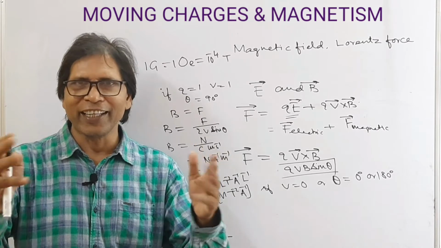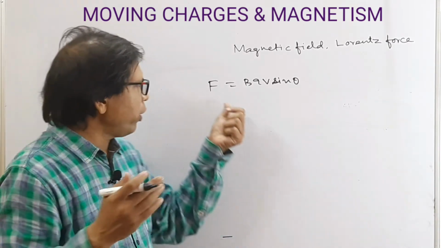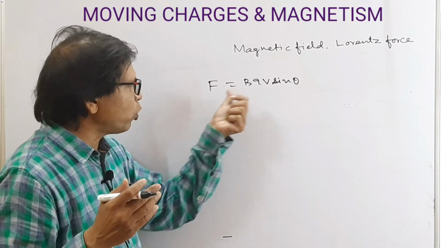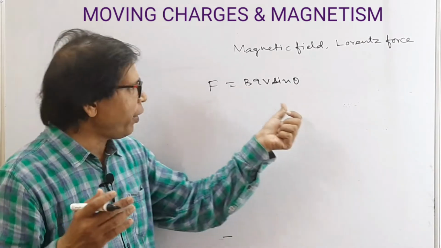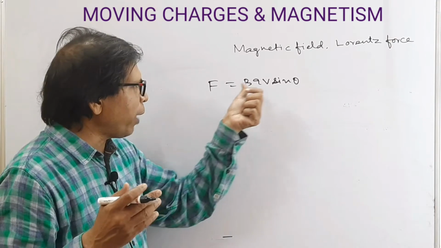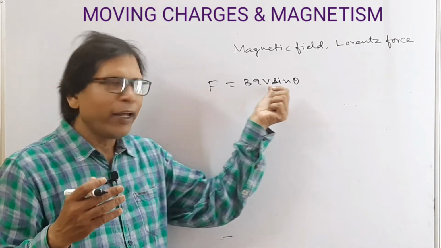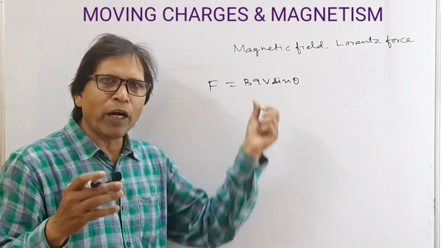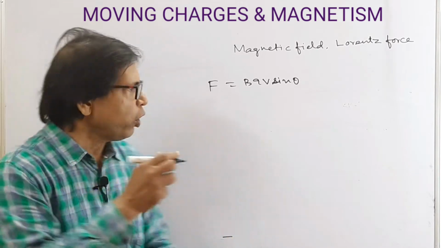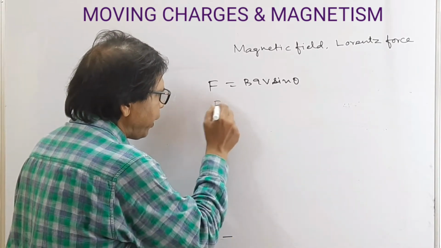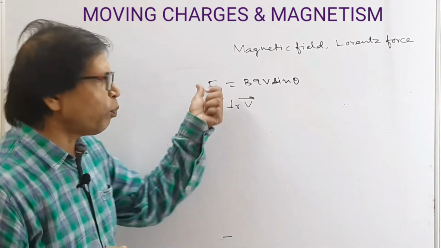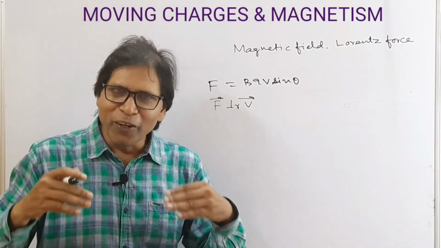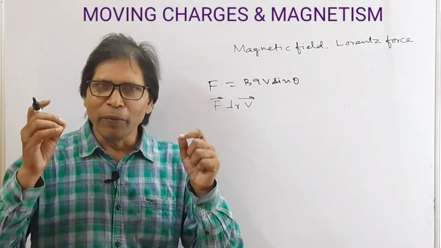Okay, now next. It is already known the magnetic force F equal to B Q V sin theta, where force is perpendicular to the velocity vector and force is perpendicular to the magnetic field vector. As force vector is perpendicular to the velocity vector, so force is a no-work force.